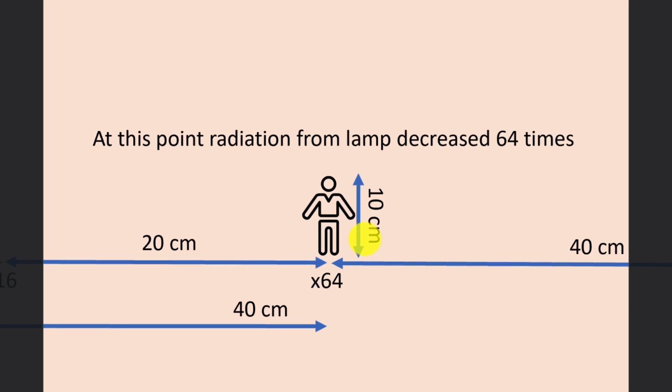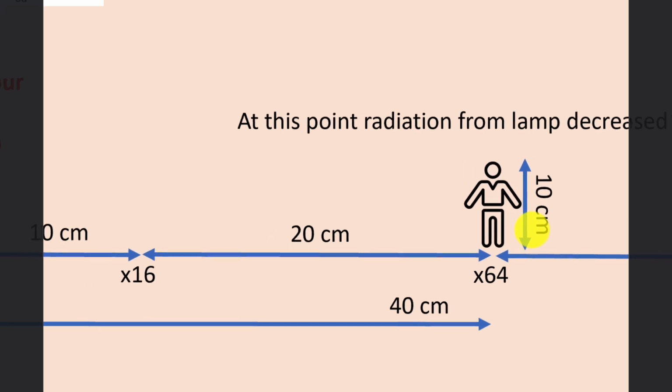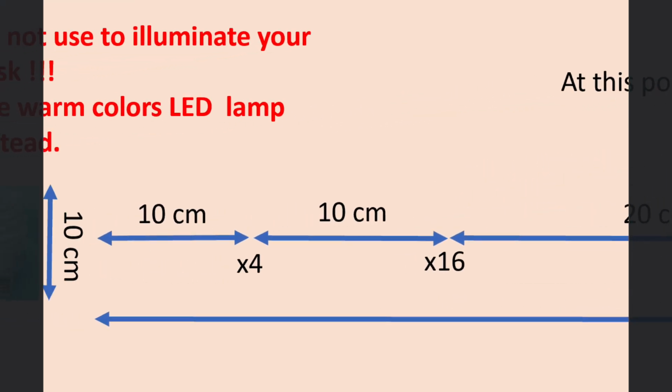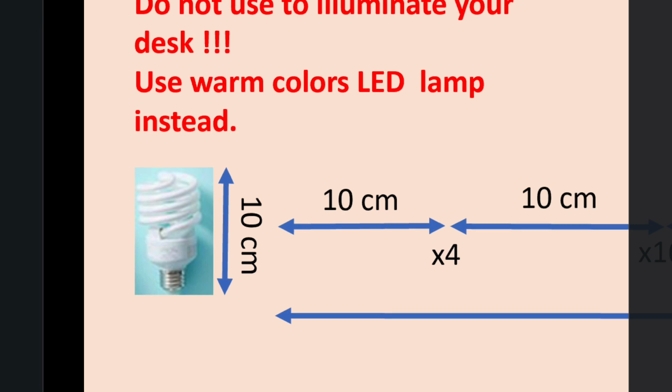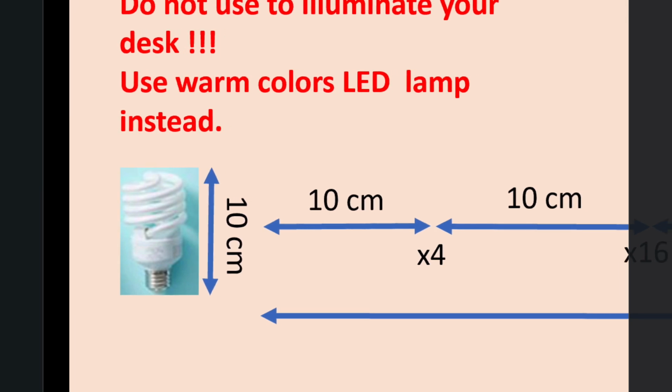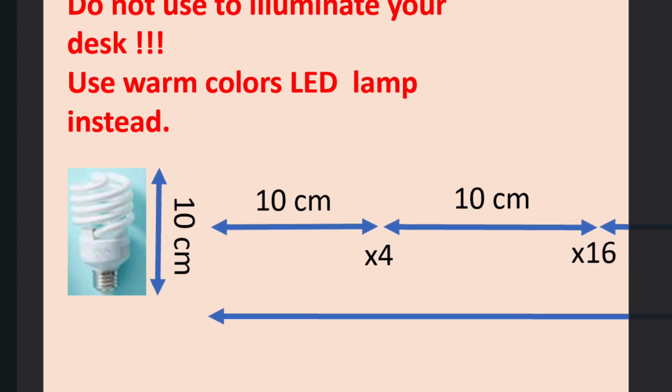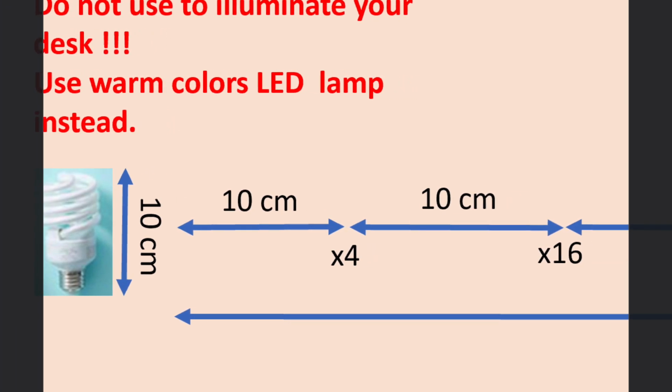Every time we double the distance from the bulb, the intensity of the radiation will be decreased by a factor of 4. If we double the distance again from the bulb, which is 10 centimeters in our case, we will get an overall distance of 20 centimeters and a 16 times reduction of radiation on that experimental human body.